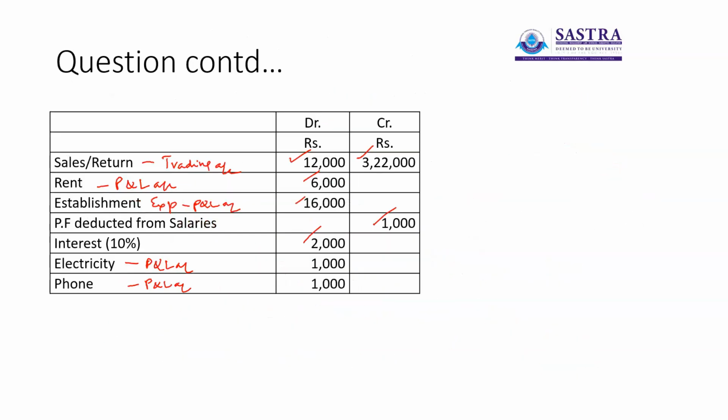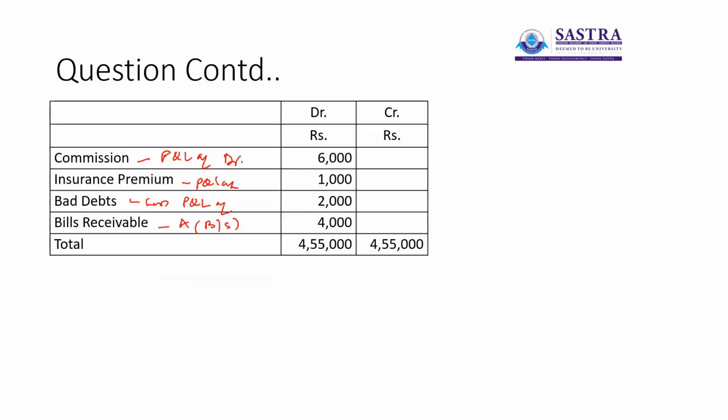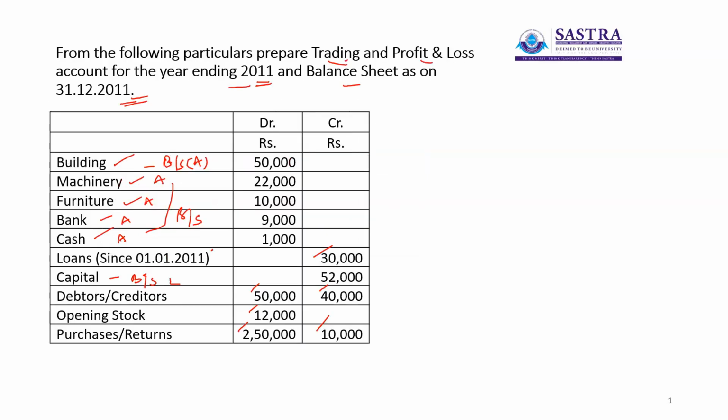Then interest at the rate of 10%. So your loan is 30,000. Loan was borrowed on 1st January 2011. So 30,000 is your loan money and your interest rate is 10%. In that case, it must be 3,000 is your interest for the year, 10% per annum.